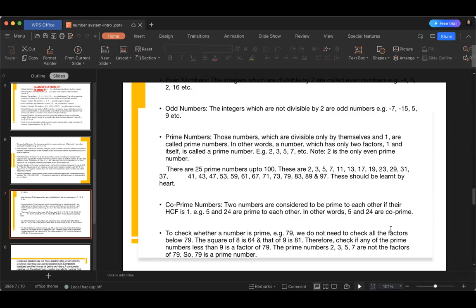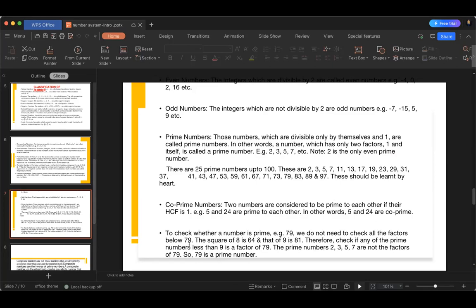Coming to the next part, to check whether a number is prime or not, we have to take that number and check the preceding square roots.